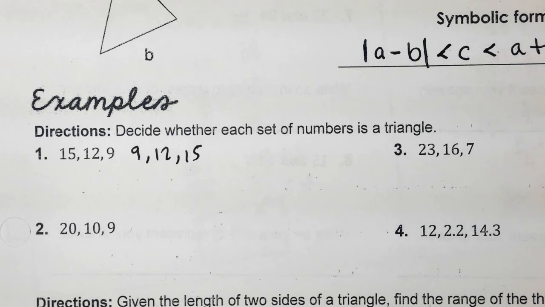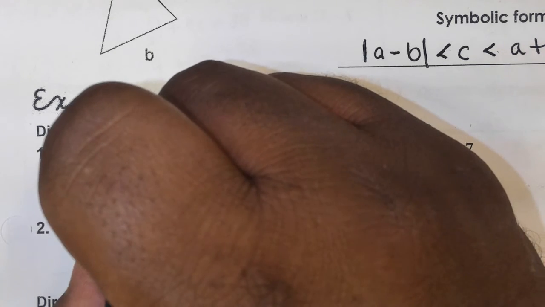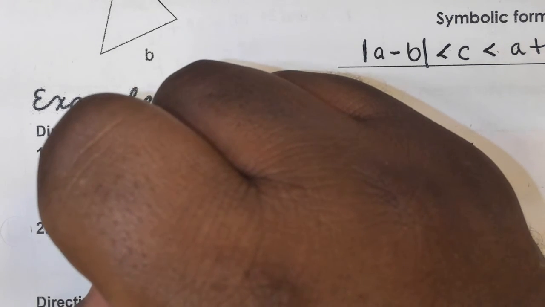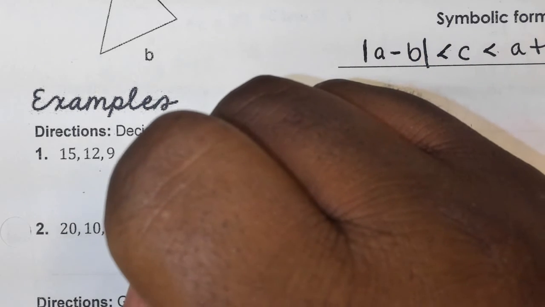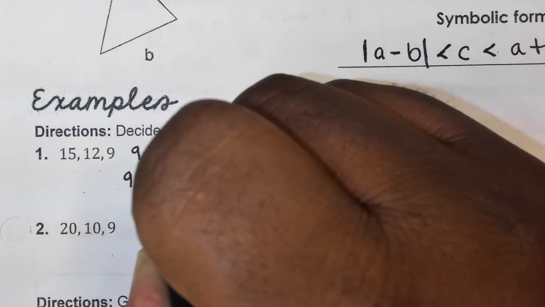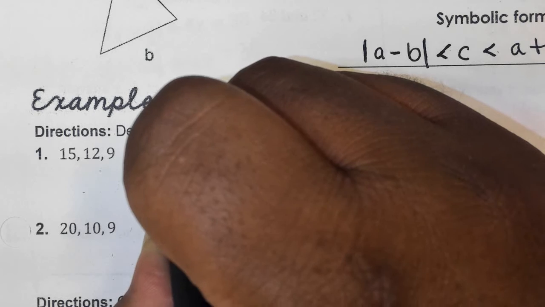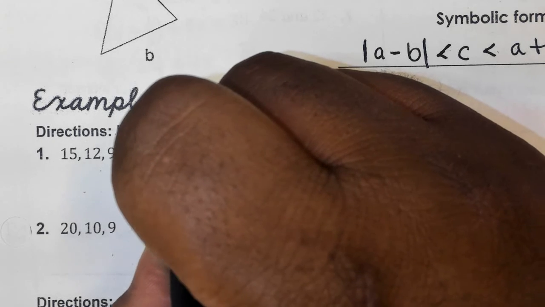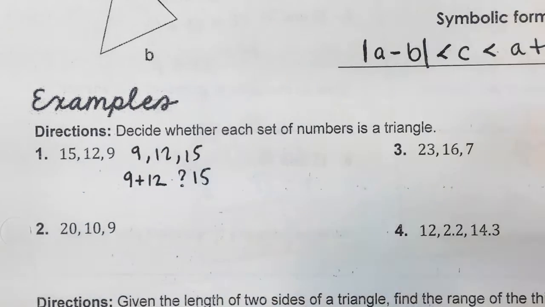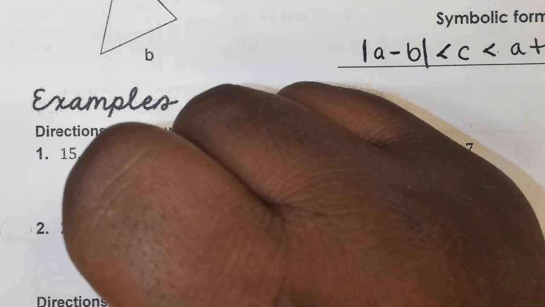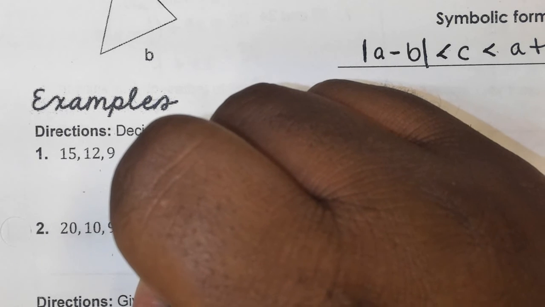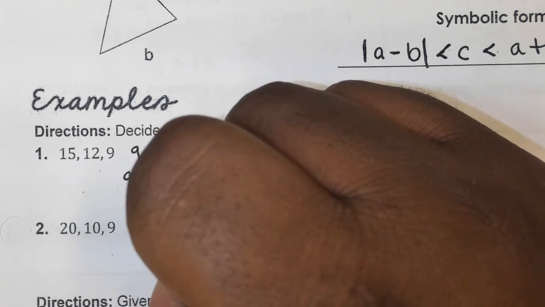Whatever I get from that has to be greater than that third side. Honestly, this is math you can see, but I'm going to still show it out for you. So 9 plus 12 has to be greater than 15. I'm going to put a question mark right here because we haven't done the math yet. So 9 plus 12 is 21. 21 is greater than 15.